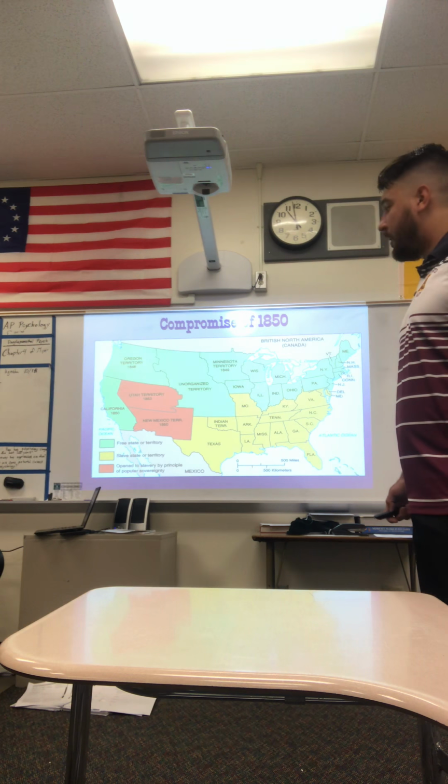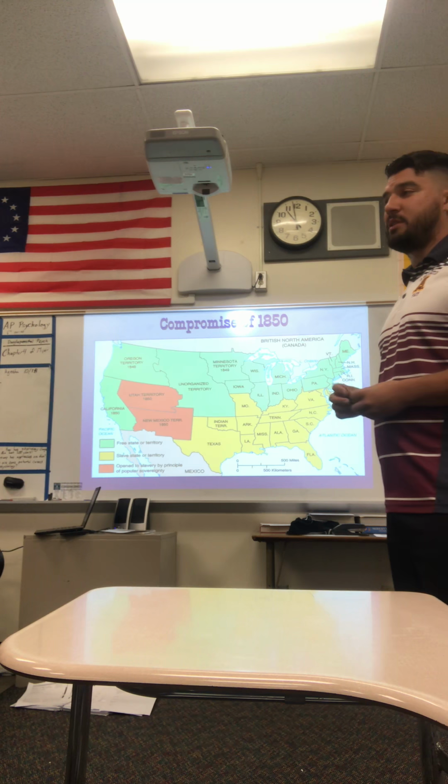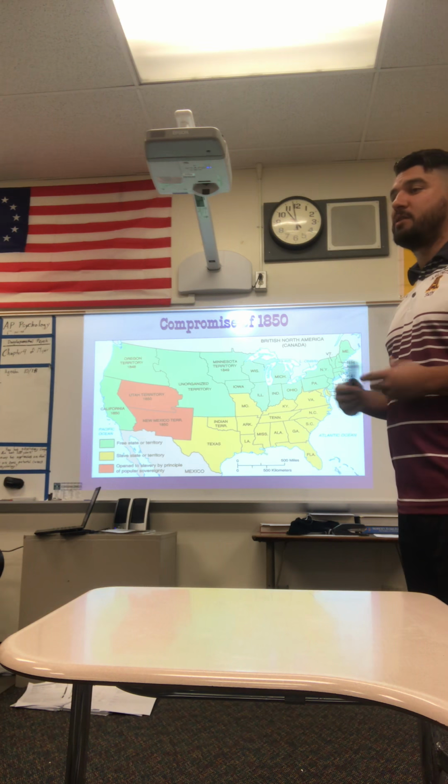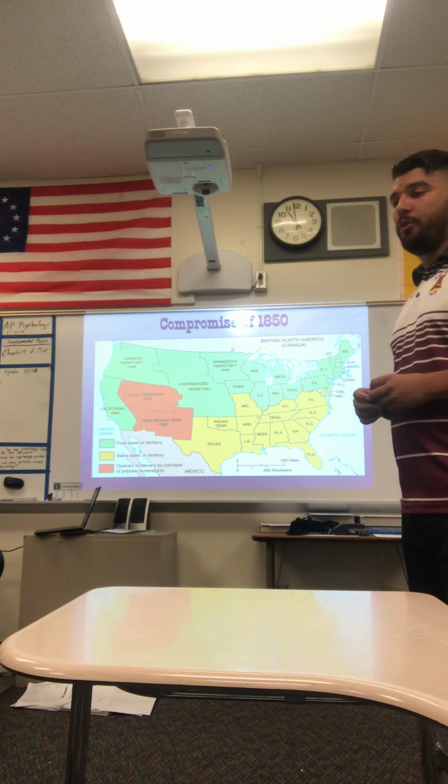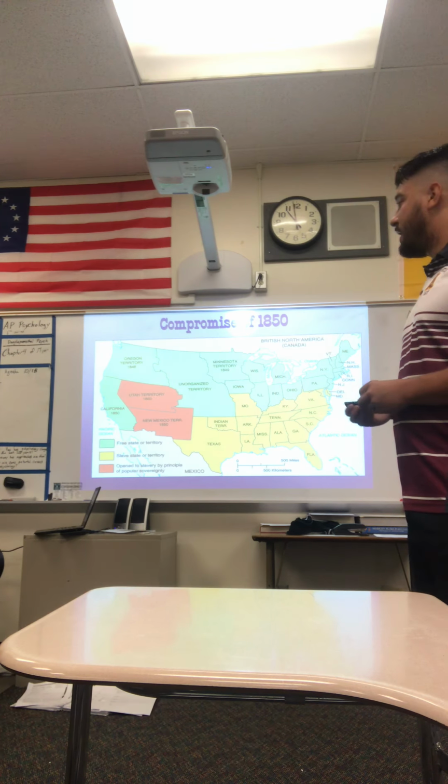Throughout the lecture, I'm going to be stopping primarily to maybe see whether or not students can either have previous knowledge or look to maybe connect the dots from previous lectures into the issues that we have within the United States at the time.